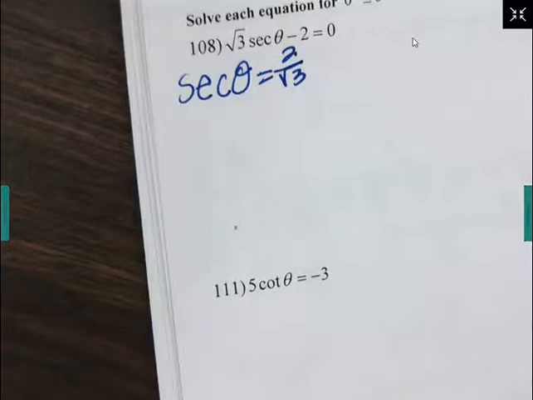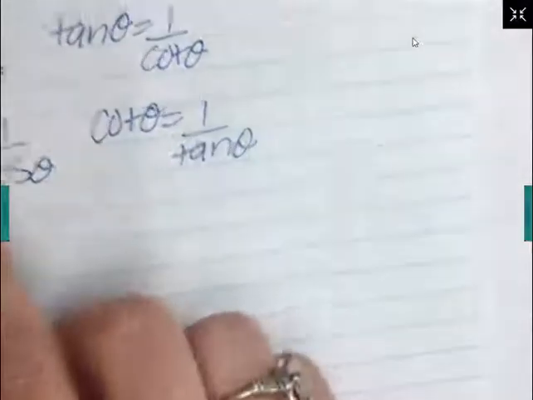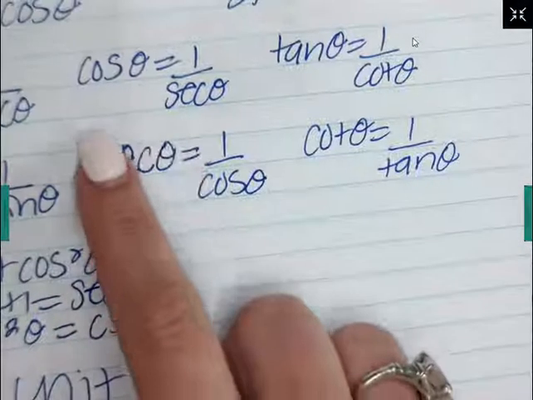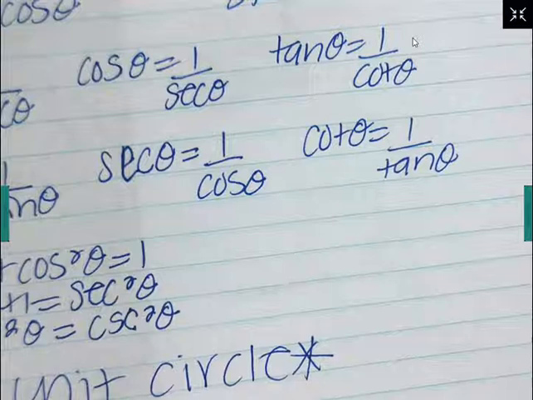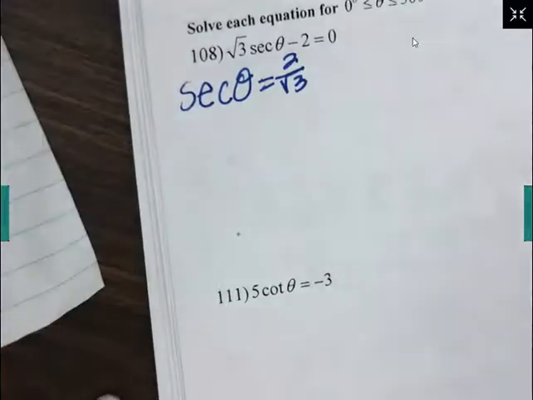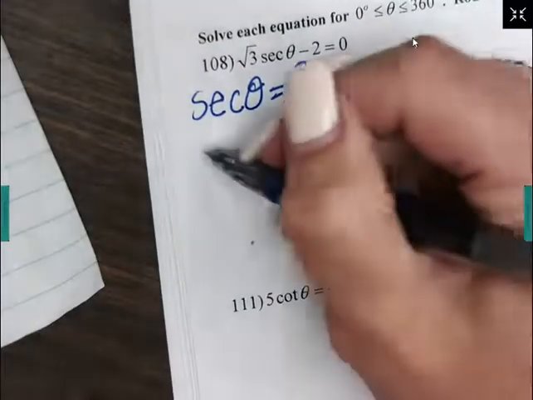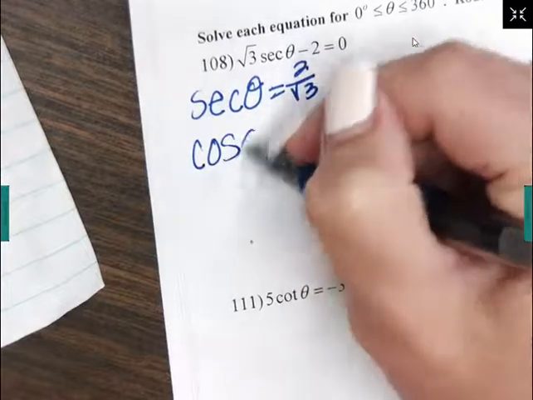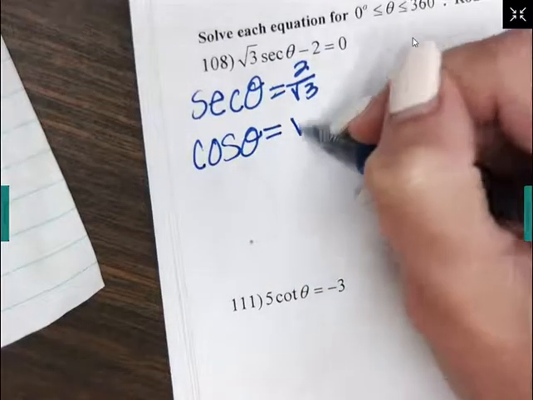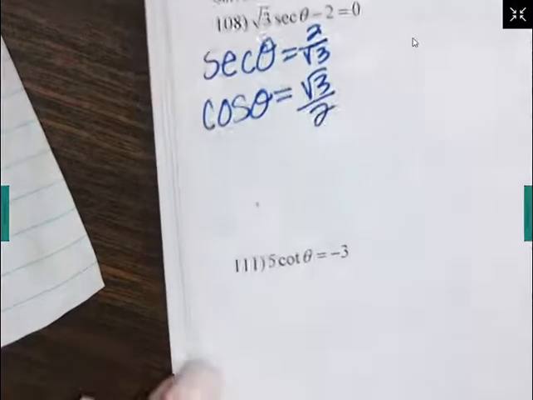Well, we know that the cosine of theta is equal to 1 over the secant of theta, right? So we can reciprocate this and say if this is the cosine of theta, it's just the reciprocal, so it'd be the square root of 3 over 2.